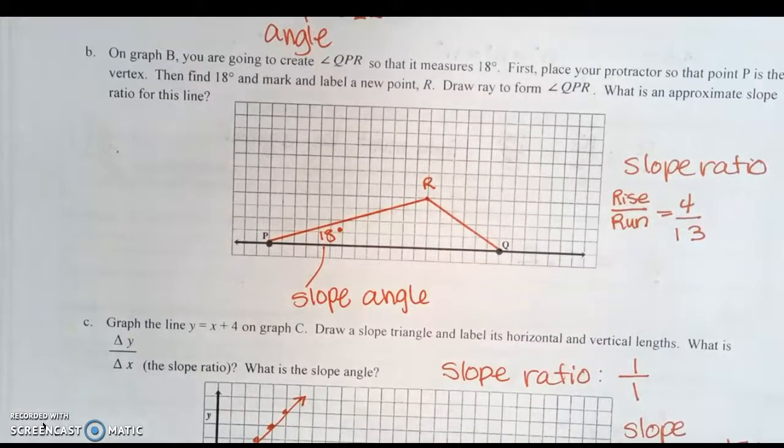Part B says on graph B, you're going to create angle QPR so that it measures 18 degrees. First, place your protractor so that point P is the vertex. Then find 18 degrees and mark and label a new point R. Draw the ray to form triangle QPR. What is the approximate slope ratio of this line?